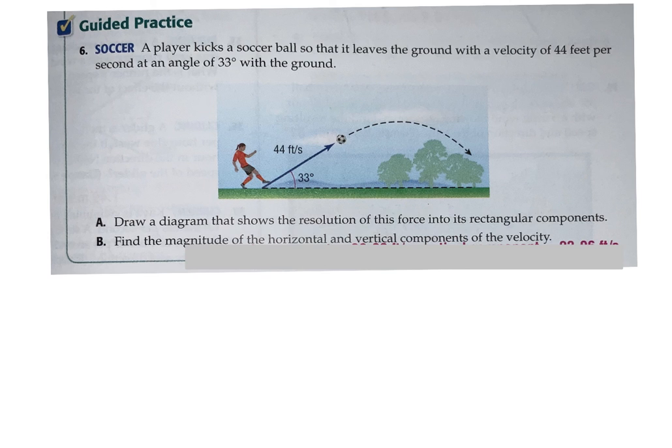All right. So for this guy, it basically drew it. If you wanted to complete this, it should have looked like that. Your right triangle should look like this, right? And when you find your horizontal and vertical, you should have gotten 36.9 and 23.96. X was your horizontal, Y was your vertical.